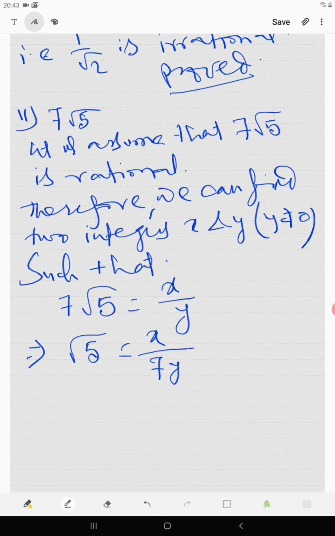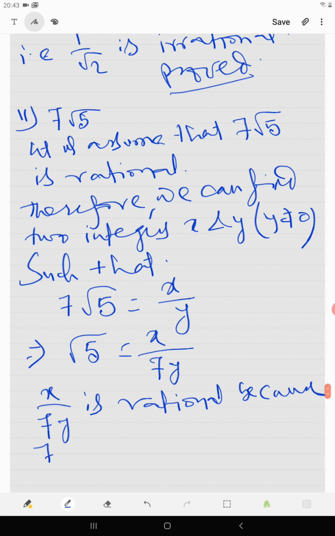So x by 7y is rational. Why? Because x and y are integers, correct?